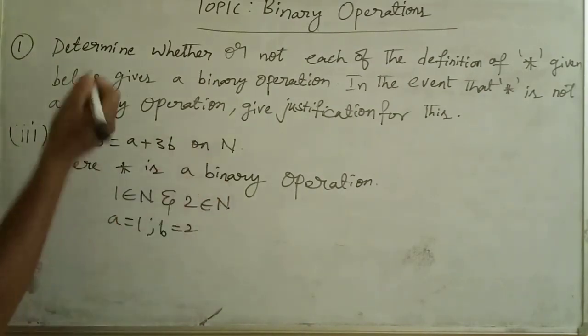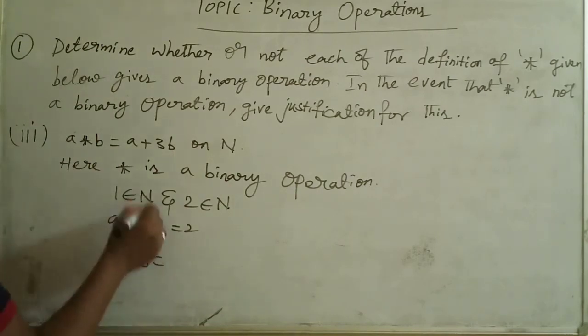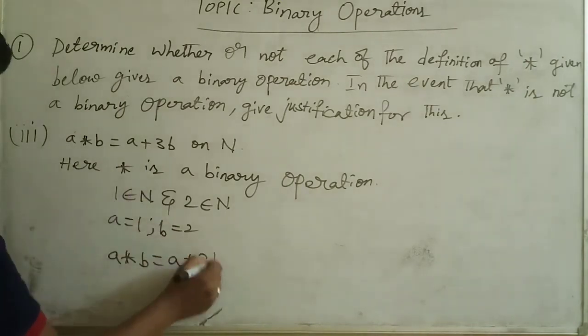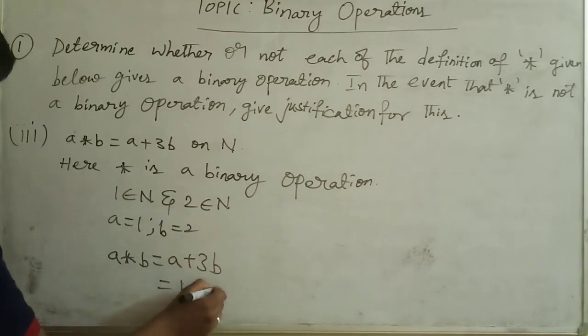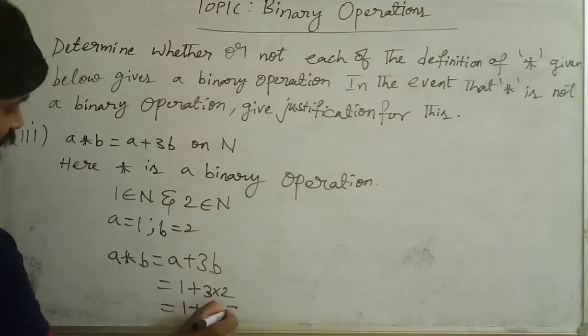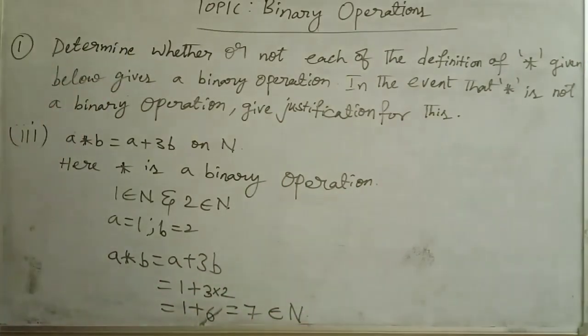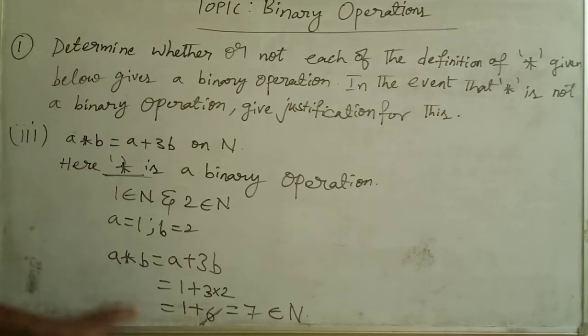Then A star B is equal to A plus 3B, you know. So A is 1, 1 plus 3 into B, which is 2. 1 plus 3 times 2 is 6, that is nothing but 7, and this belongs to the natural numbers. So therefore this star is a binary operation. Otherwise it is not going to be a binary operation.